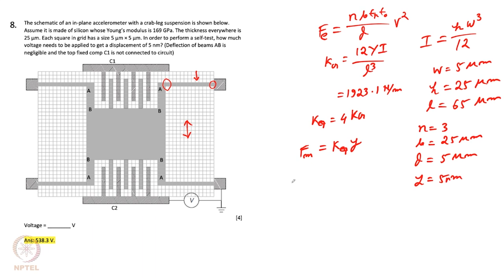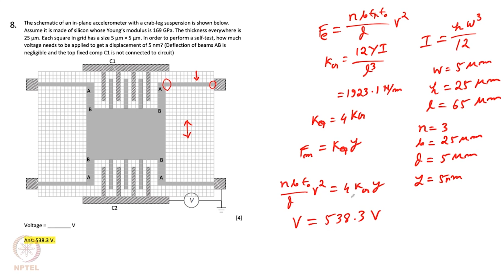Then if we put all these values together, we can calculate V, which will be equal to 538.3 volt. So you just put all the values and calculate, it will come as 538.3.